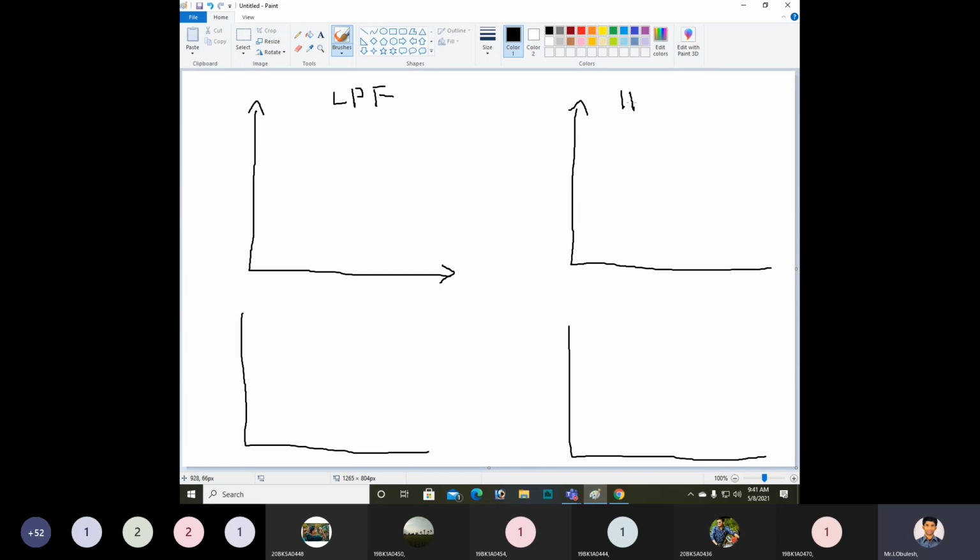This is the high pass filter frequency response. Then band pass filter.